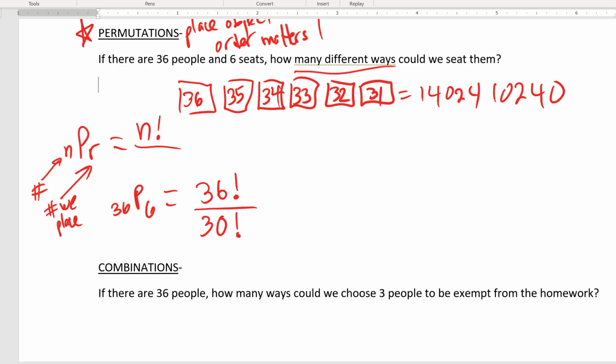Well, what is that? 36 minus 6. That is basically n minus r factorial. So that is the formula. Basically, you could do 36 factorial divided by 36 minus 6, 30 factorial, gives us this number.